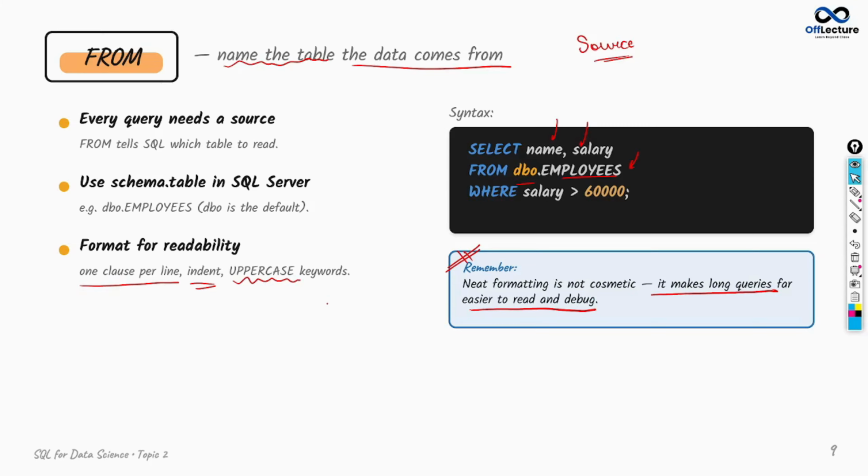When you start creating stored procedures, they will go on for, let's say, 100 or 200 lines of code. If you indent properly, write one clause per line and keep the statements in uppercase, it will be easier to understand later on for you as well, and in your workplace if any other person is also working on that query.